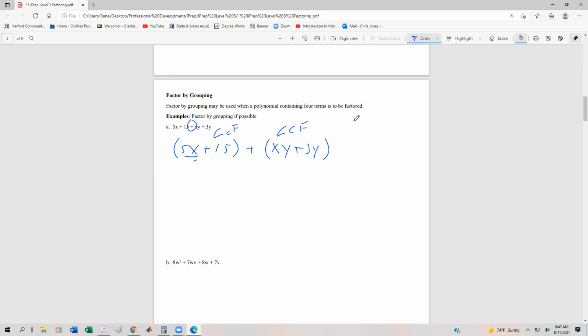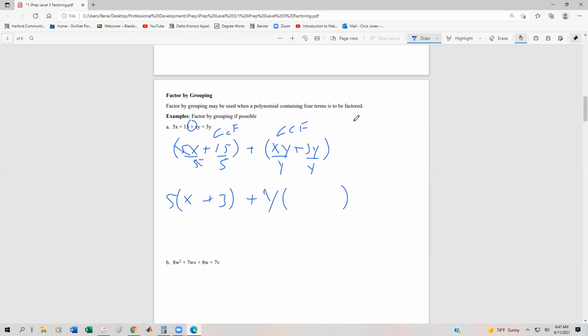So we know that the GCF between 5x and 15 is 5. The GCF between xy and 3y is a y. Right? And what I'm going to do is I'm going to write 5 and y on the outside of each of the parentheses. 5 divided by 5 is going to leave us with an x.